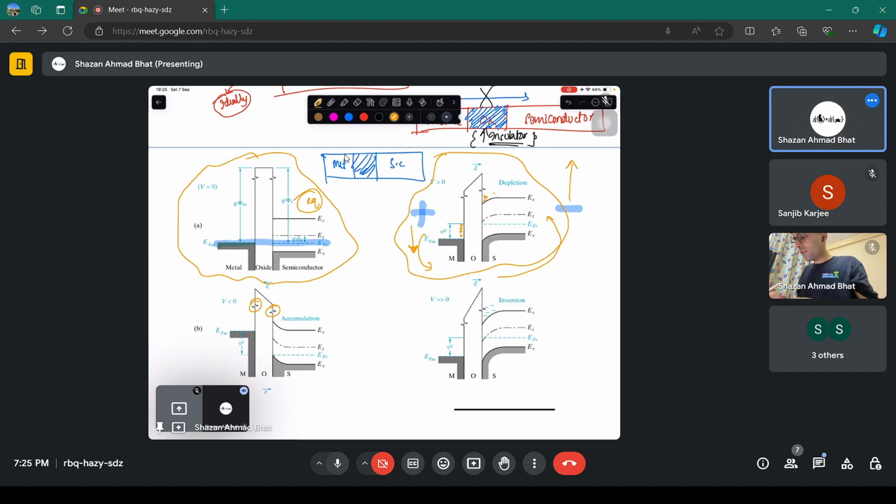Now you have this band bending here. Why? Because you had applied positive charge here. The equal opposite negative charge is going to appear on the other side, but it is not directly electrons. Why? Because here I have shown the p-type semiconductor, and you have holes in a p-type semiconductor.